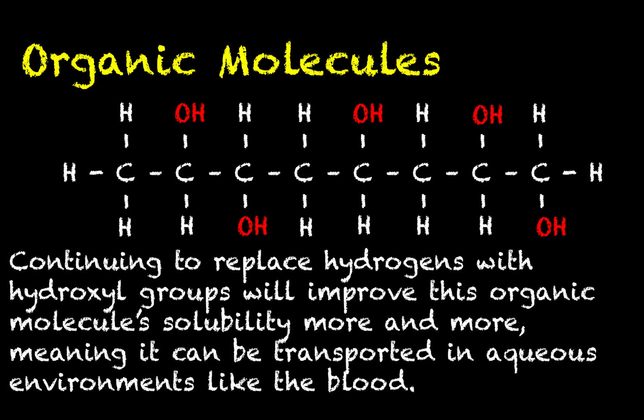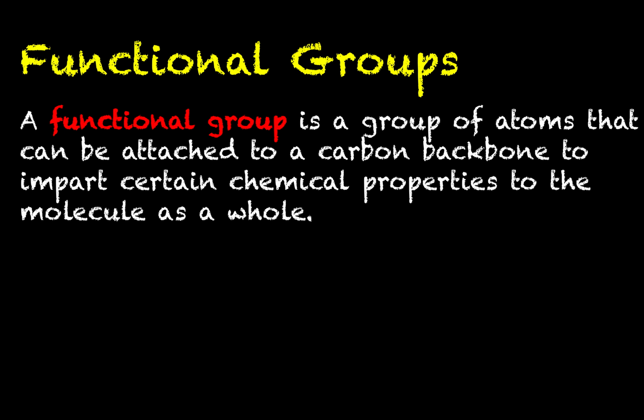So over time, by replacing more and more of those hydrogens with polar groups, we are improving this organic molecule's solubility in water, meaning that it becomes much more likely that it's going to be able to dissolve in aqueous environments like the blood, be transported around, and maybe have some sort of important function in human physiology. So that OH group that we just showed is an example of what is called a functional group.